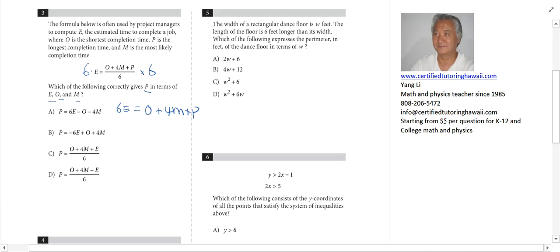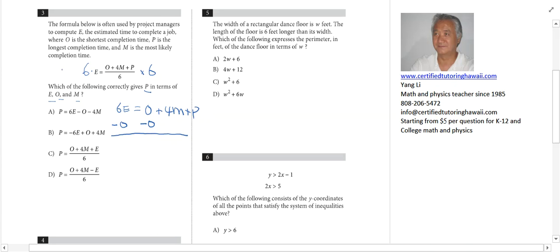To solve the P out, we need to move this one. So I got a minus O on the right side of the equation, and a minus O on the left side. I'm doing a transfer to move the O from the right side of the equation to the left side.